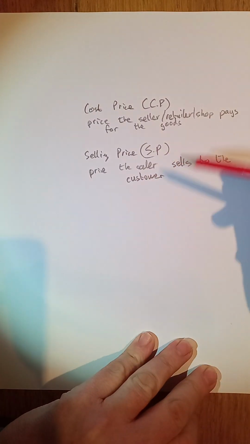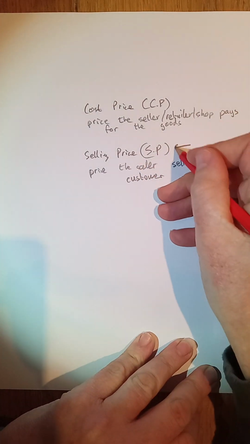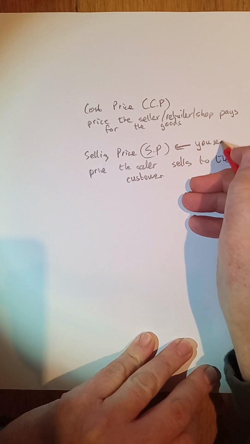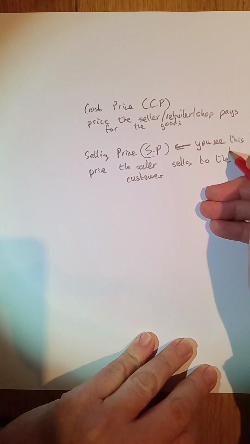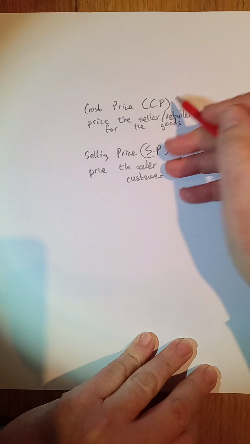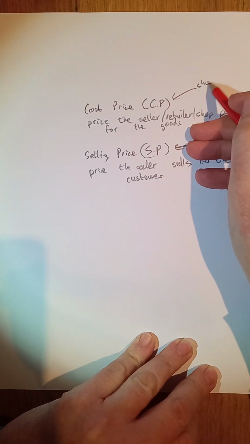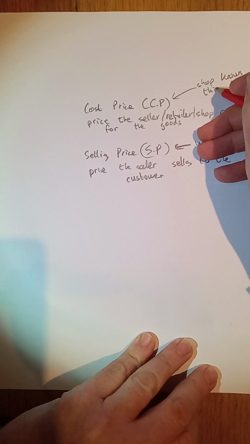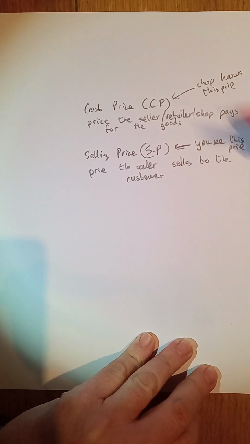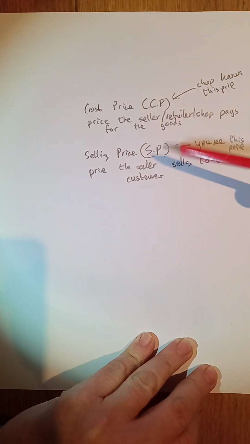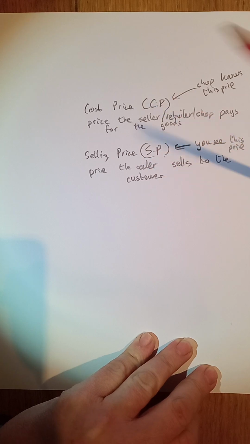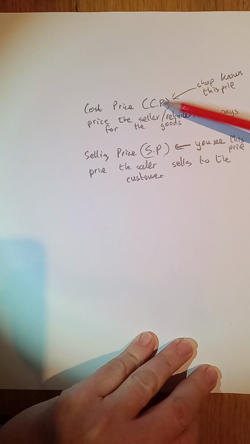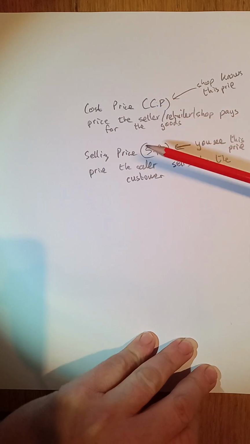So this is the price that you see. The selling price is only the price that you see. The cost price is the one that they know about. Okay? Because they bought it for this and they sold it for that.